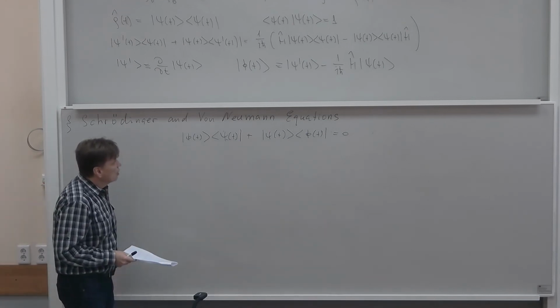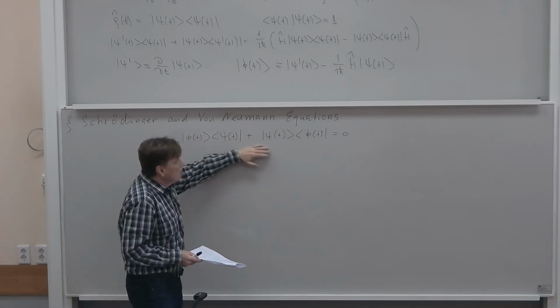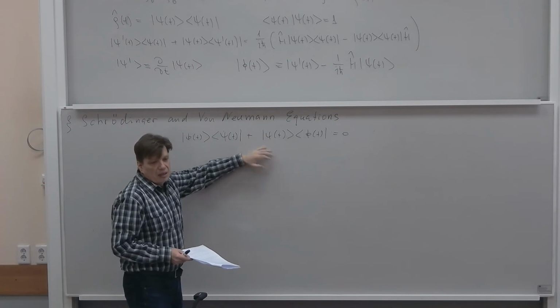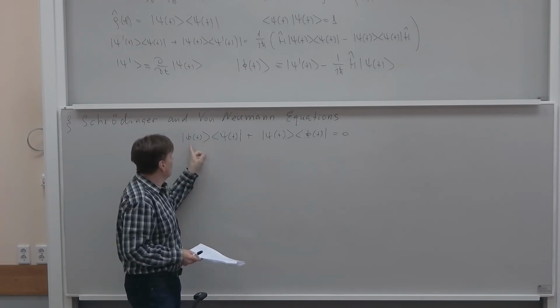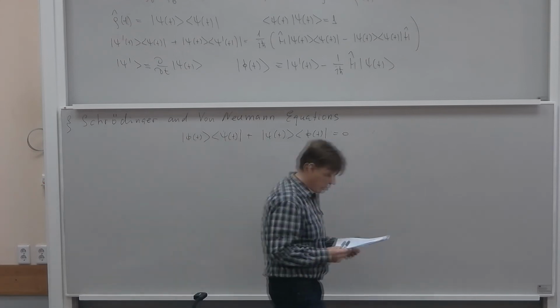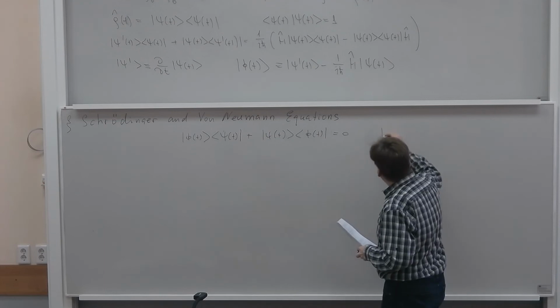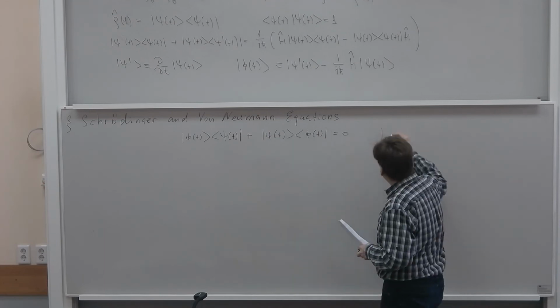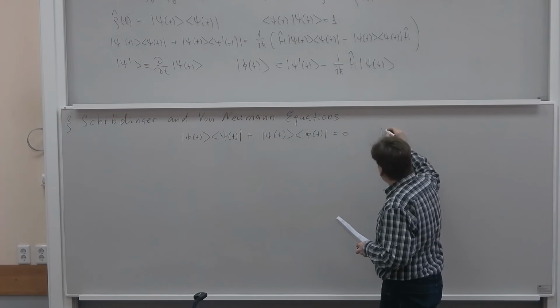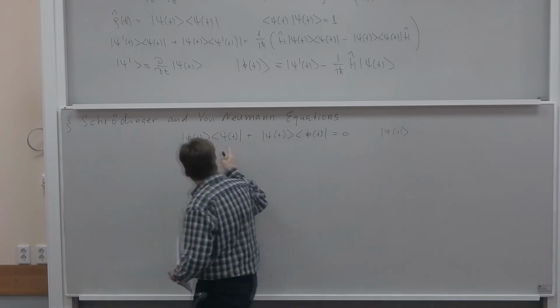And now look at this equation. What does it mean? Actually, this equation tells us that the vectors phi and psi are proportional to each other. They are collinear. And to prove this, we can just multiply this equation by the vector psi, so take the scalar product with vector psi.